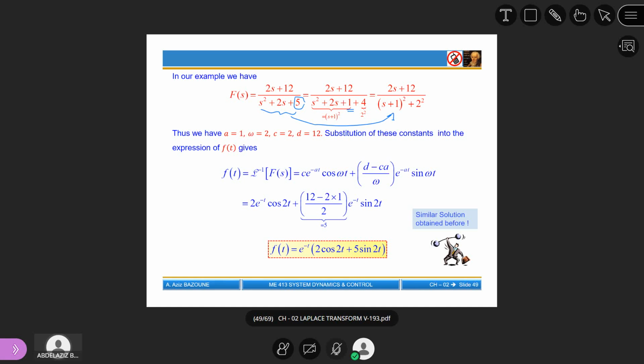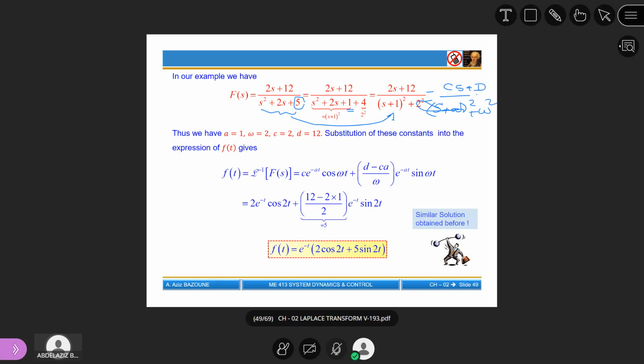If you compare this to the equation I gave you, this is simply CS plus D over S plus A the whole square plus omega square.